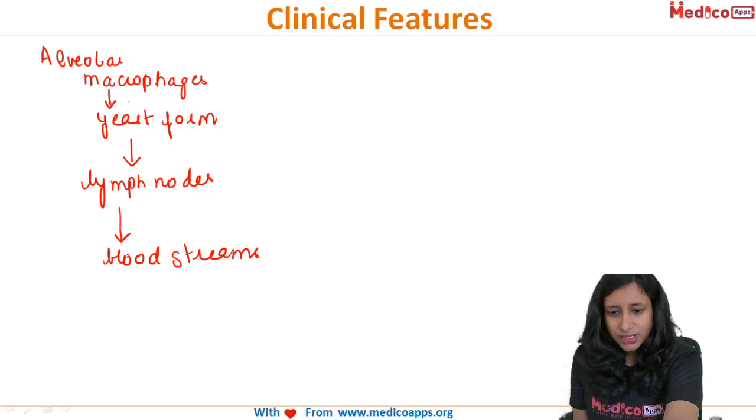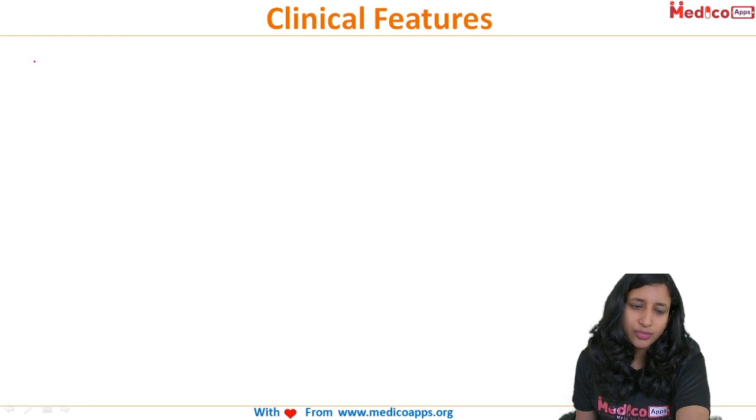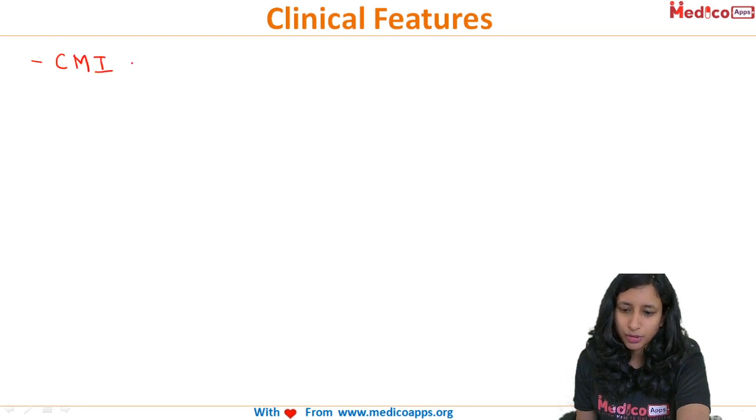Now, clinical features. What are the various clinical features that you see? Classically, this is seen in patients with low cell-mediated immunity. So always remember, histoplasmosis is seen when there is a compromise in your cell-mediated immunity.